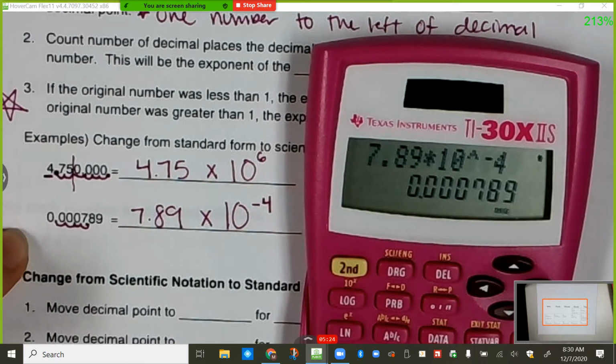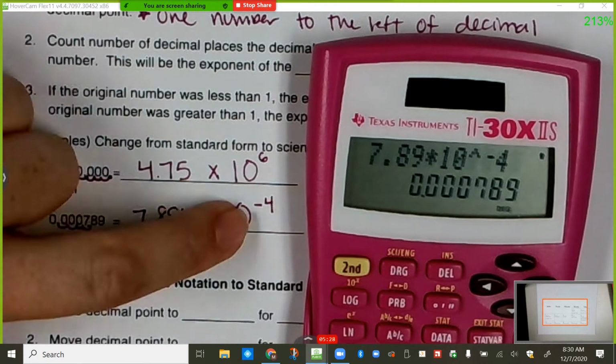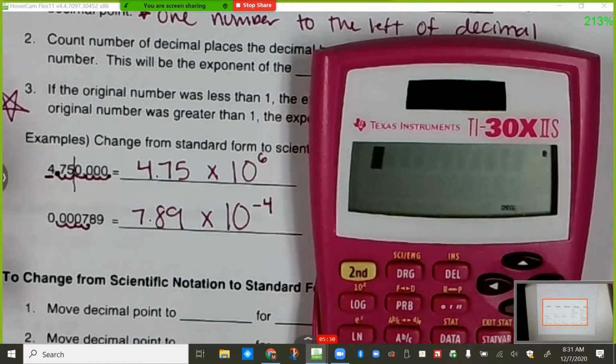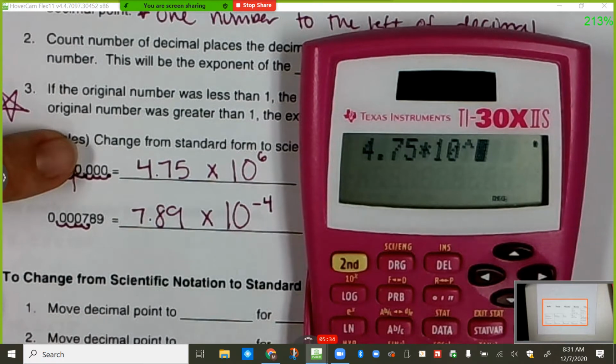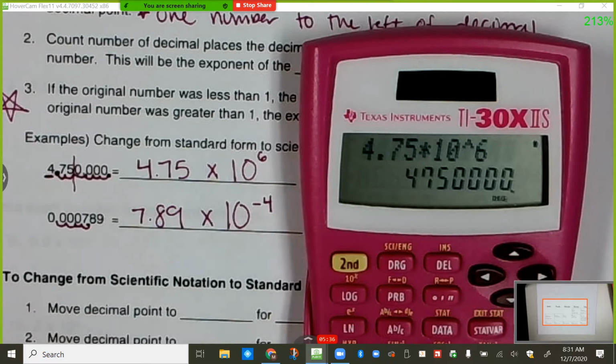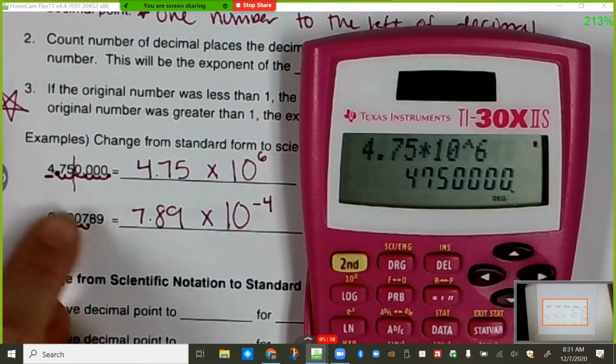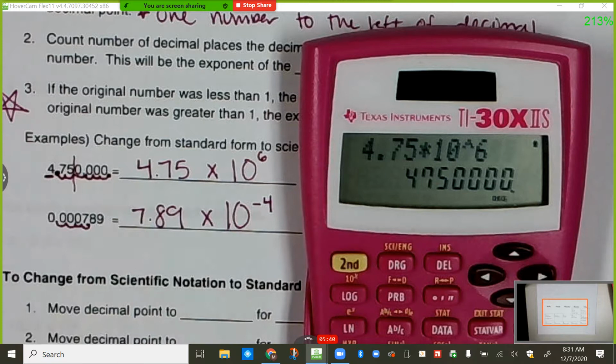Yeah, so I did it right. Does that make sense? If your exponents are small enough, you can type them in your calculator. So like this one, 4.75 times 10 to the 6th power, it also shows you. And that should have been 4 zeros, which is 4 zeros, so we did it right. Okay? Any questions with that? Okay.